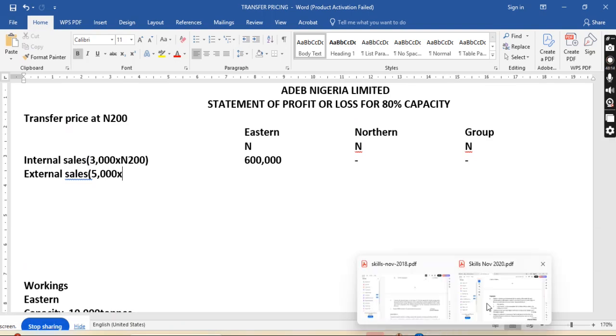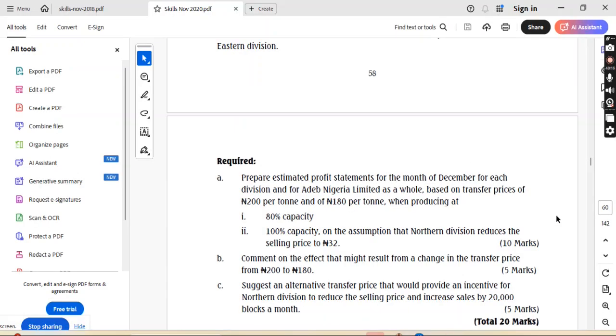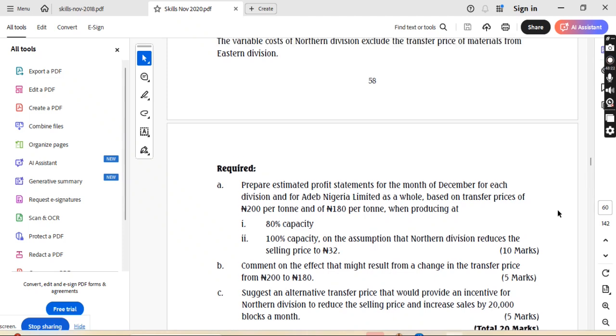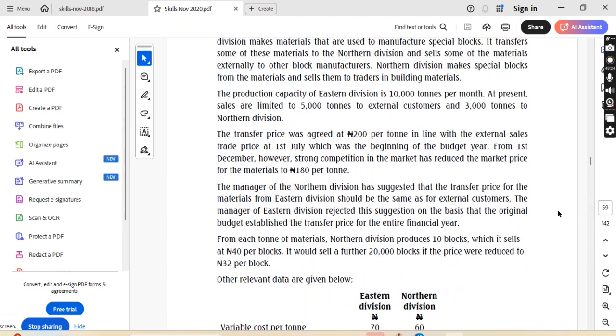Don't forget that the question states clearly that based on the transfer price, it will be 200 and 180. The market has reacted to two prices that will be sold to external. The first one is 200. The second one is 180.